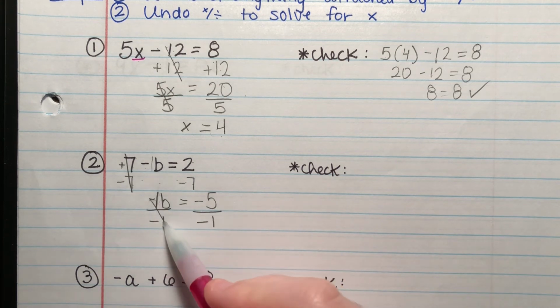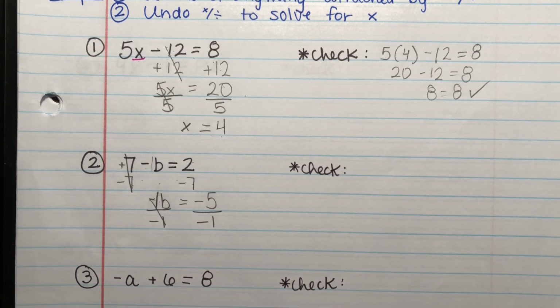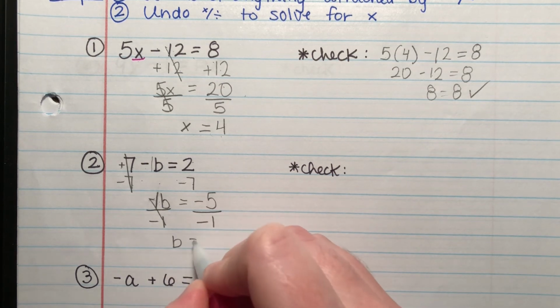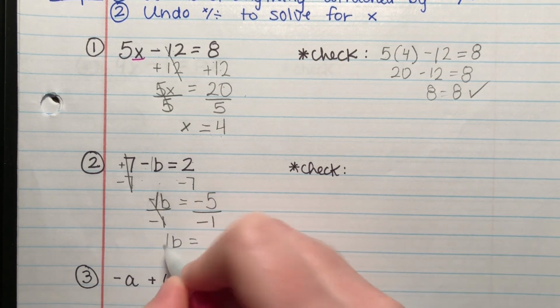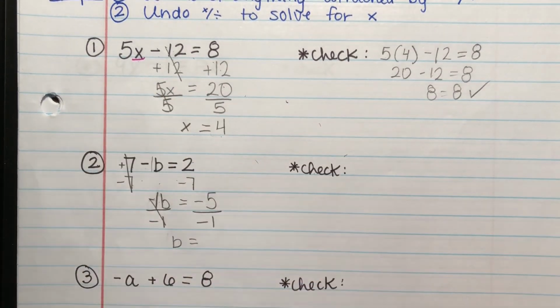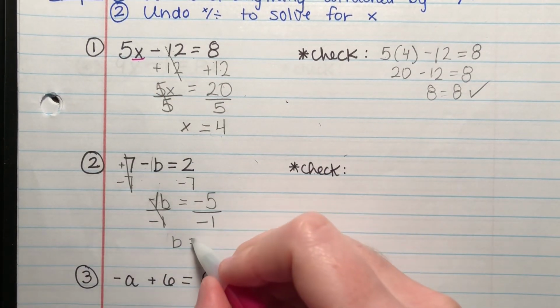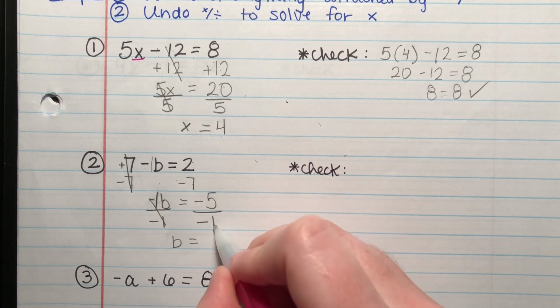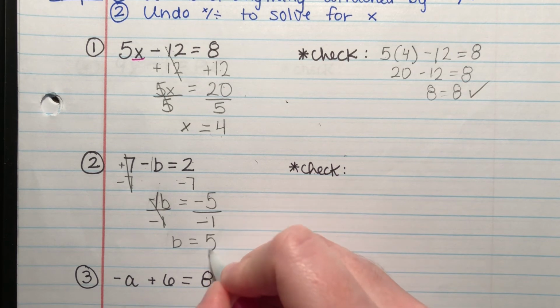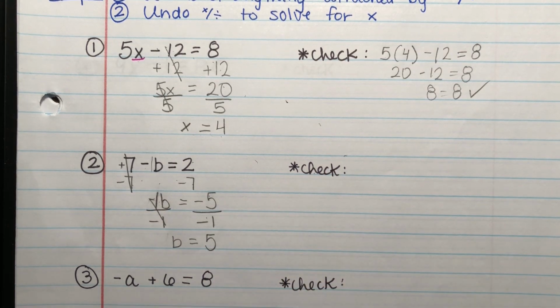So negative 1 divided by negative 1, that's positive 1, right? So 1b or just b, right? I could write 1b or just b. They're the same thing. Equals negative 5 divided by negative 1. A negative divided by a negative is just going to give me a positive.